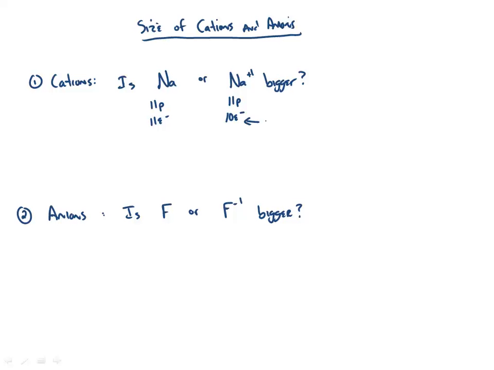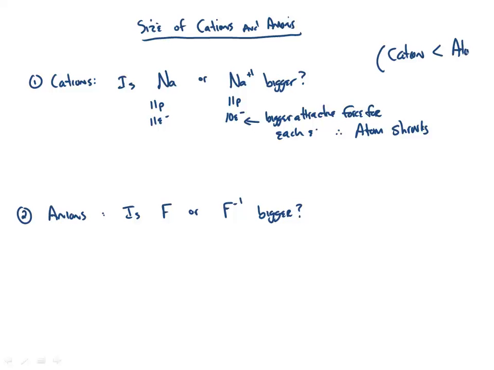So there's a bigger attractive force for each electron. Therefore, the atom shrinks. So the idea is that cations are smaller than the neutral atom.